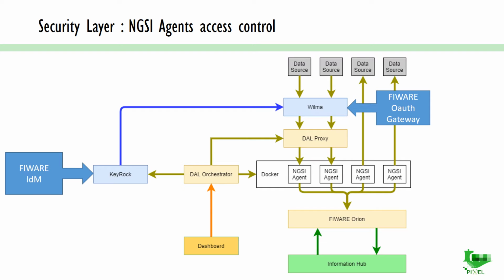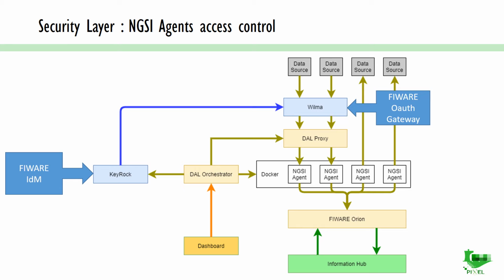One element we have to strongly secure is the access point to push data to the platform. The data acquisition layer is able to expose APIs to NGSI agent to allow data source to send data to Pixel. To implement this security control, the NGSI agents are exposed through a Wilma proxy with its own path. So, the path allows to identify the API to push one particular kind of data.